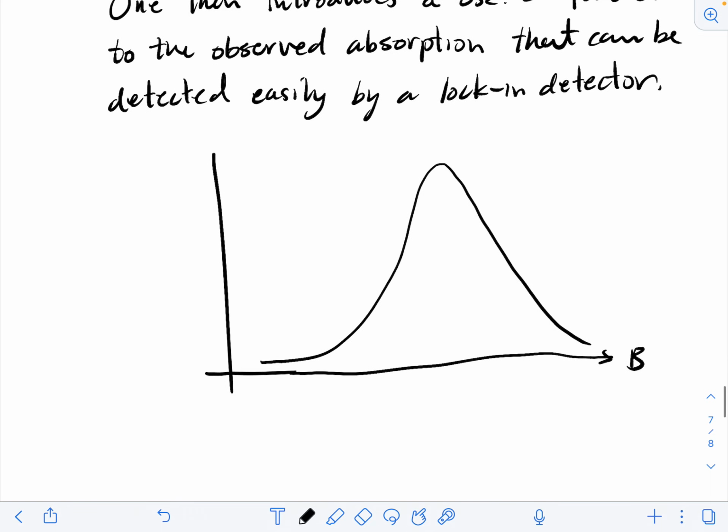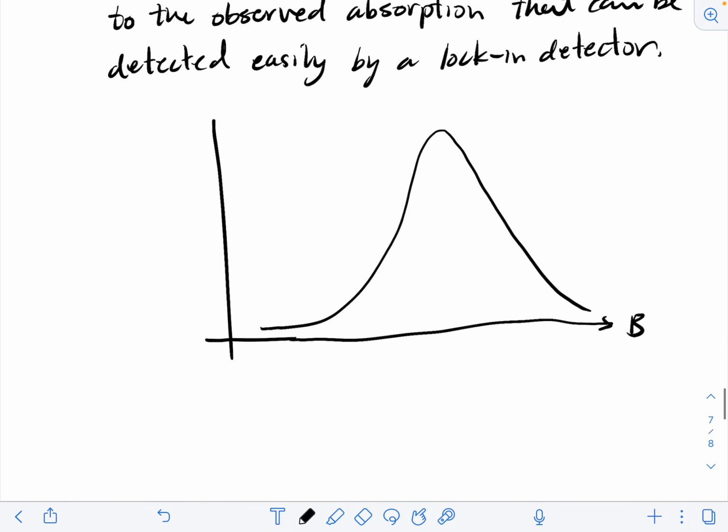I'm going to use a value right around here to start. Okay, so select the amplitude of your oscillation to be much less than this B average value.